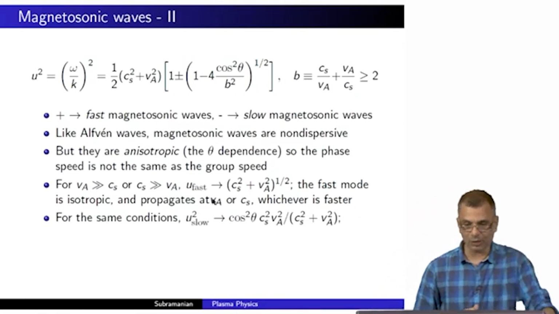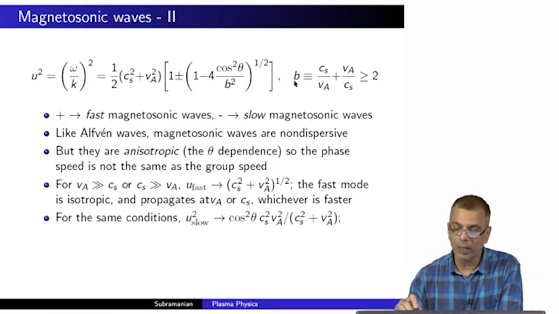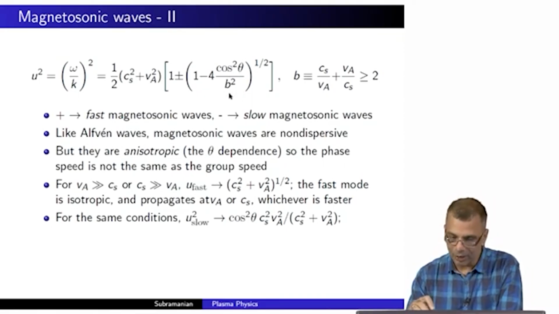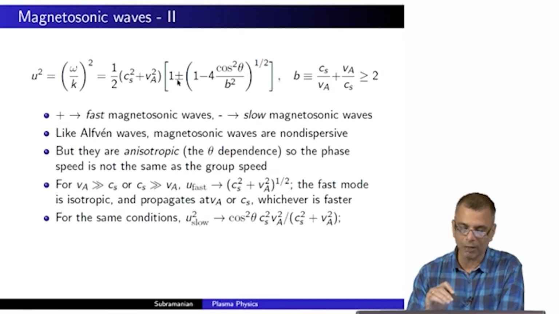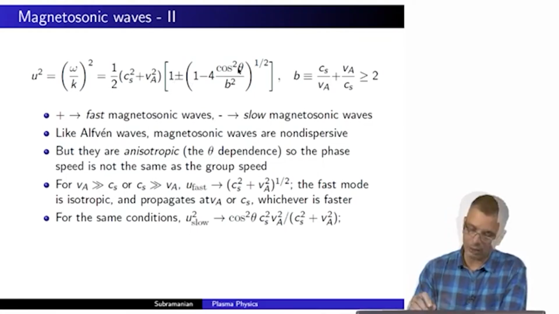For the same conditions, in other words, for the same conditions where B is much larger than 1, the cosine squared theta over B squared term is still negligible. But you see, you are now considering the negative sign here, so you get 1 minus 1. Right? This is still negligible, but you cannot simply take 1 minus 1 to be equal to 0.